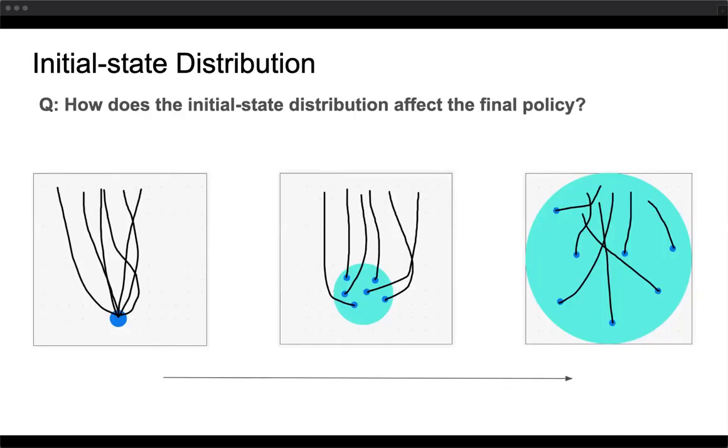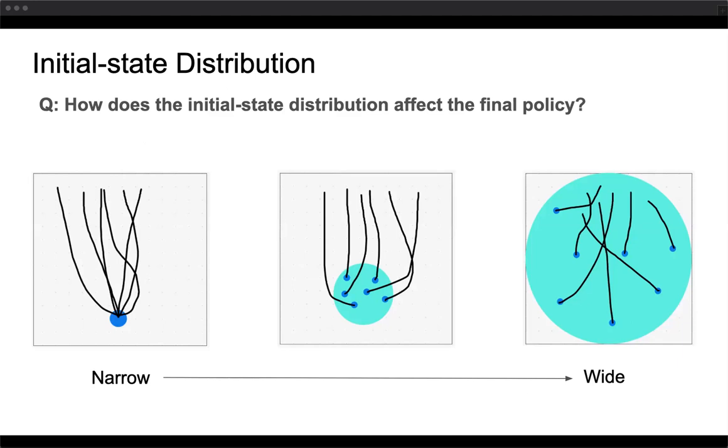As I said, let's first start with initial state distribution. What is this distribution? Well, the initial state distribution is that distribution of states from which you sample the starting state. The starting state is the state in which the agent is placed into the environment, from which to start rolling out the trajectory, and so exploring and collecting data.